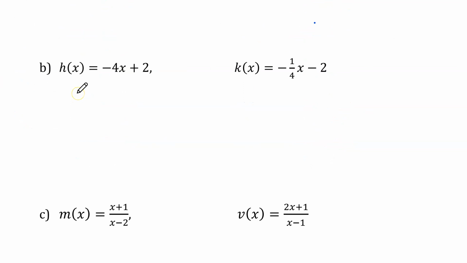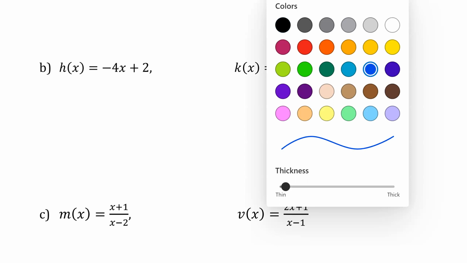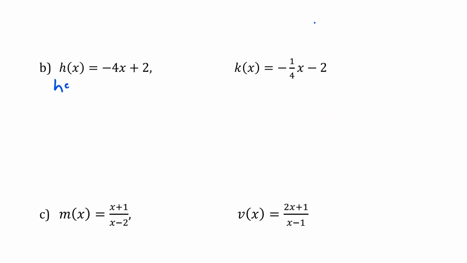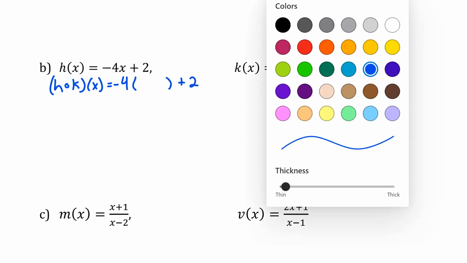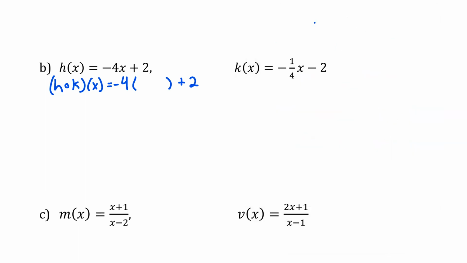Now let's look at b. Let's look at h of k of x. So I'm going to start with a -4x plus 2, and in place of my x, I'm going to put that -1/4 x minus 2.